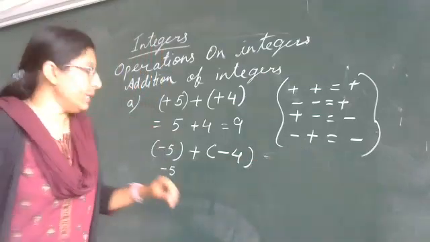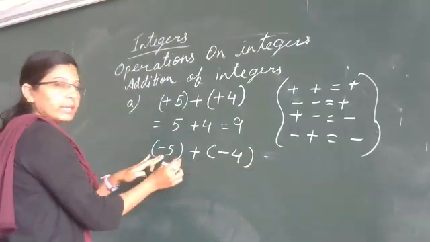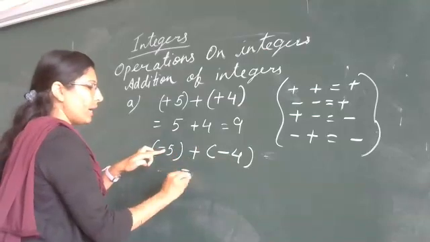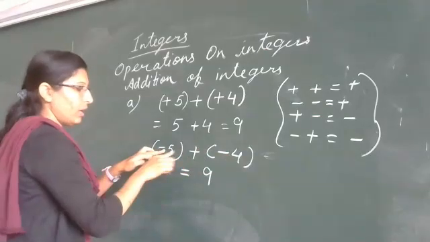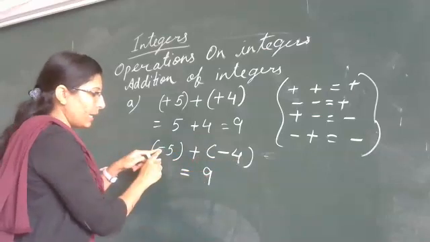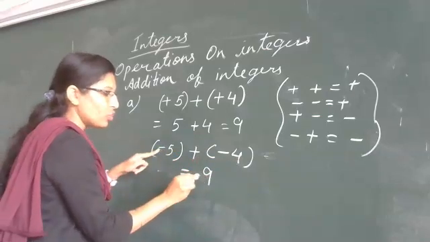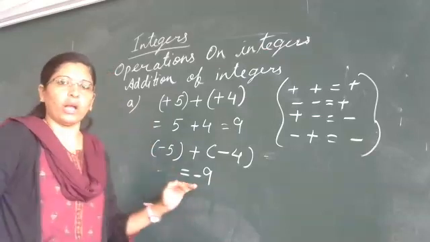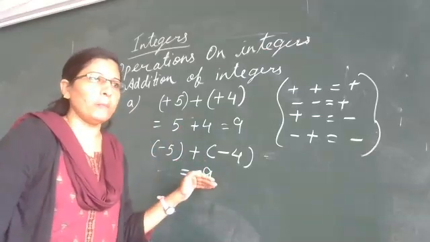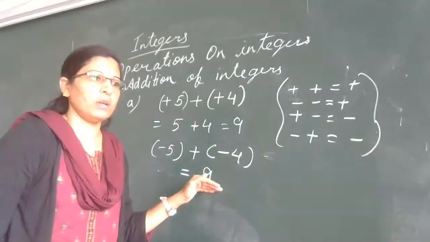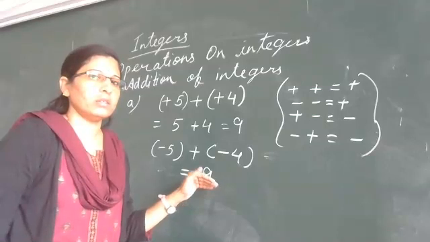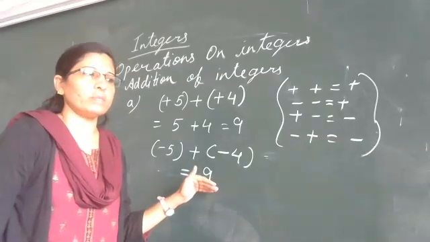So here, minus 5 plus minus 4, your answer will be 9, since 5 plus 4 is 9. And the greater number has minus sign, so minus will come. Understood this? How to do? Understood or not?